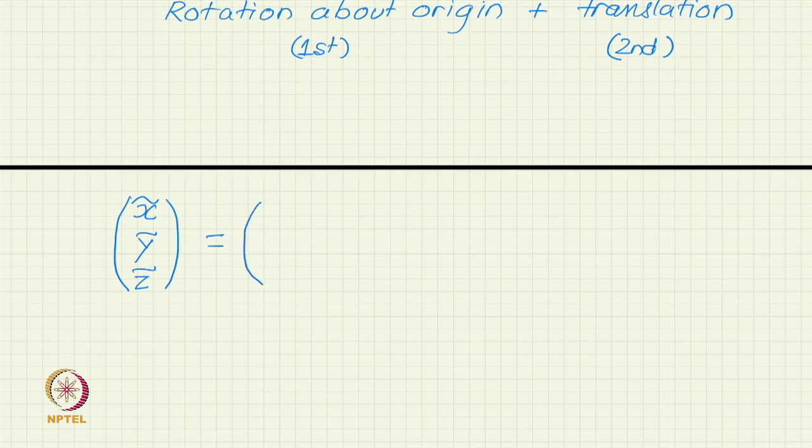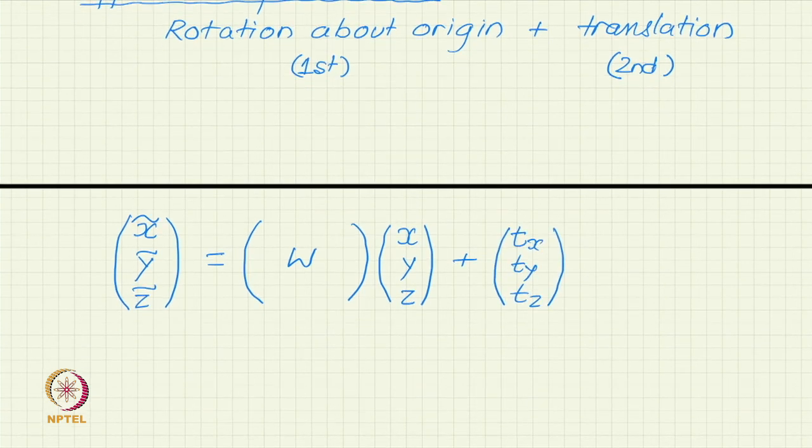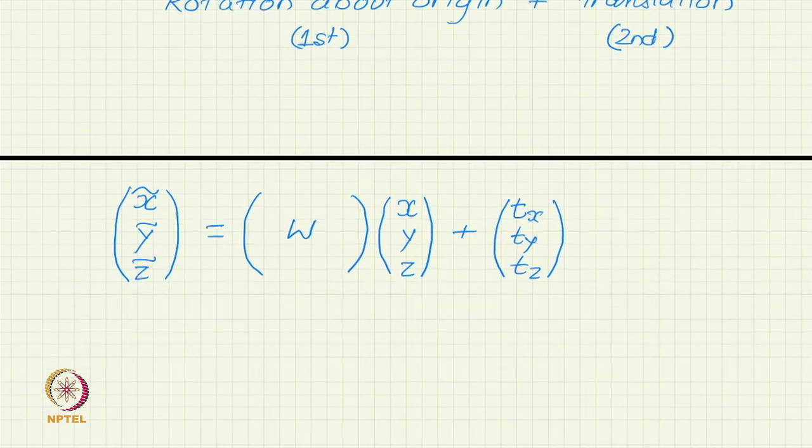rotation about the origin, obviously, can be represented by a matrix, as you know. So, I apply the matrix to the column vector representing the point, followed by translation. So, translation, as you have seen, is simply adding a vector. So, this is our general affine transformation.